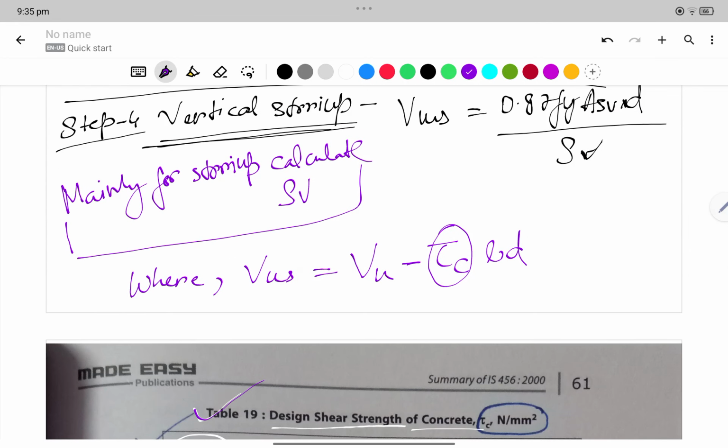You will find out this value, put it here and find out the SV.